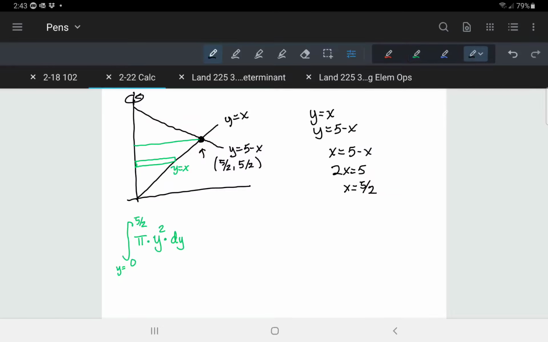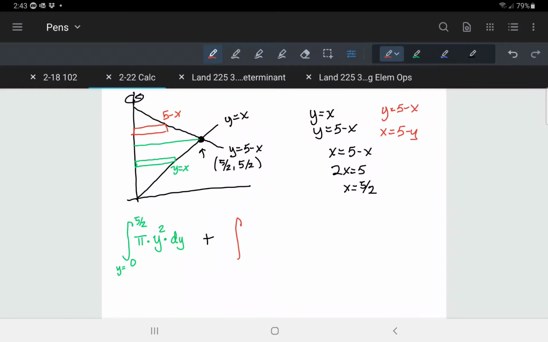Then plus, above that, the radius would be defined now by this line 5 minus x. So if y is equal to 5 minus x, we can write this in terms of y's. Well, x will be equal to 5 minus y.